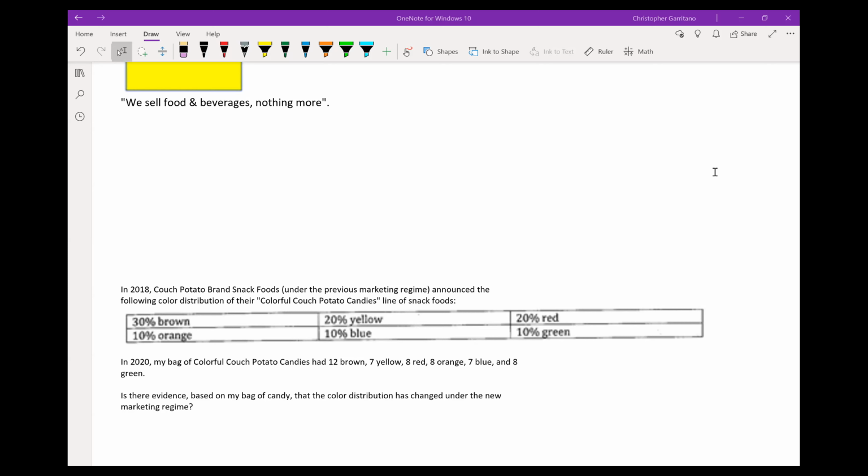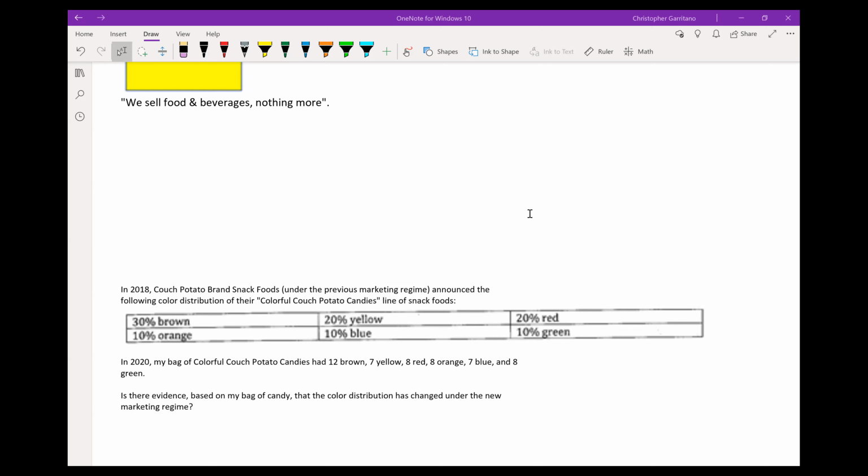Okay, and you'll see what I mean. And so since the proportions that we deal with today are not just success failure, we can't just use the simple 1 proportion z-test, 2 proportion z-test. Okay, we need to build something else, another type of hypothesis test, and that is the chi-squared goodness of fit.